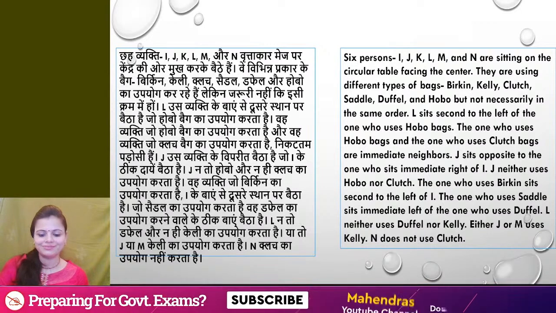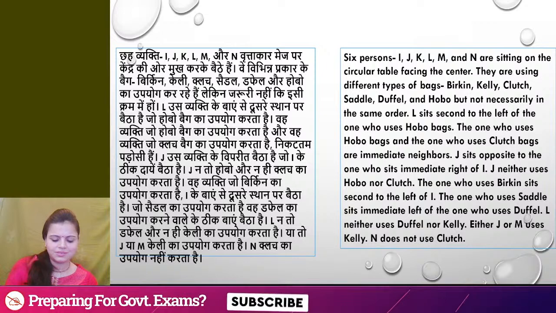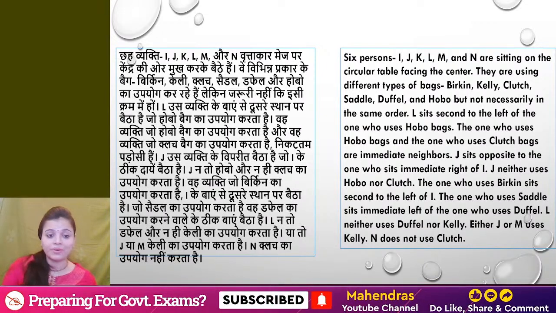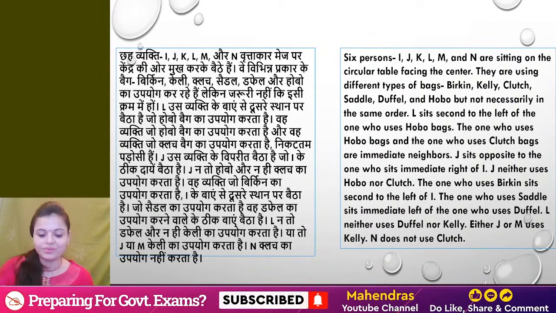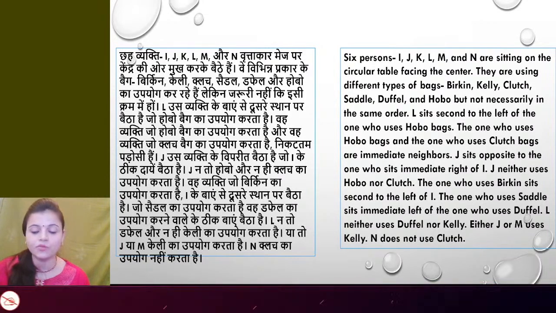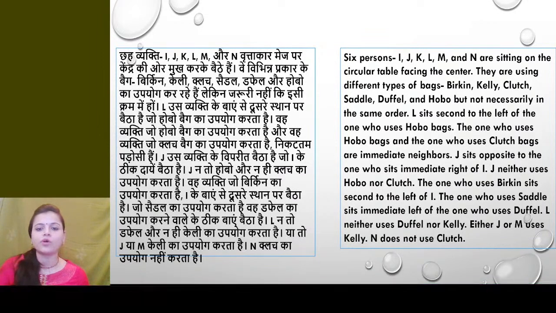Just try, everyone. This is a simple question. And always remember, the sitting arrangement does not have any short trick. This chapter is not for short tricks, because there are many types of questions: circular, line, square. So you cannot make a short trick for this chapter.